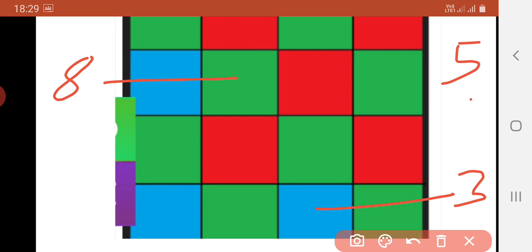Now the total squares are 16 here. 8 plus 5 is 13, 13 plus 3 is 16.